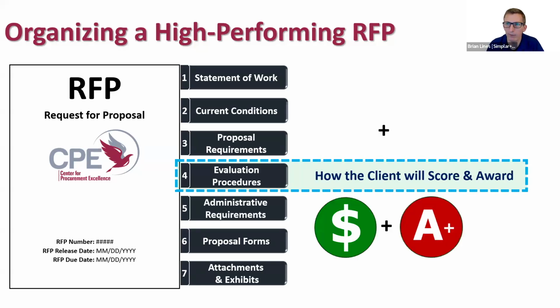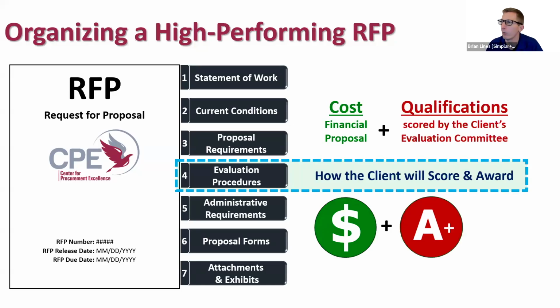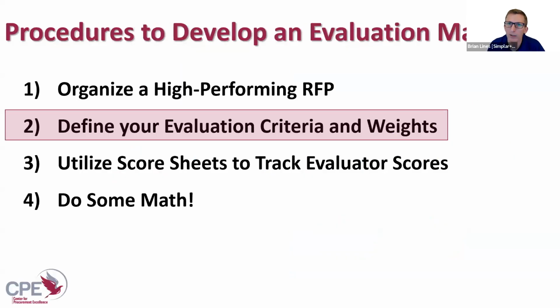Usually in an RFP, you've got some amount of both costs and qualifications going on here. So you're putting together the financial proposal and telling the vendors what you want to see there, plus all the various qualifications or proposal elements that you might be scoring as a committee or tracking in some other way to get a measure of the vendor's proposed qualifications. Now, today we are not really getting into some of the details of which criteria and things like that.